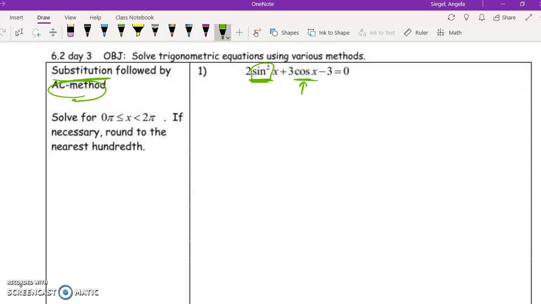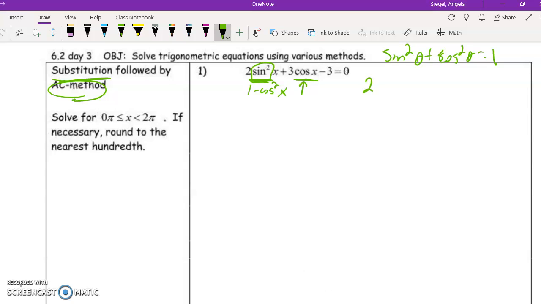If you'll remember, the mama function was sine squared theta plus cosine squared theta equals 1. So sine squared is 1 minus cosine squared theta. So in this case, it would be x. So that's where I'm going to start off.